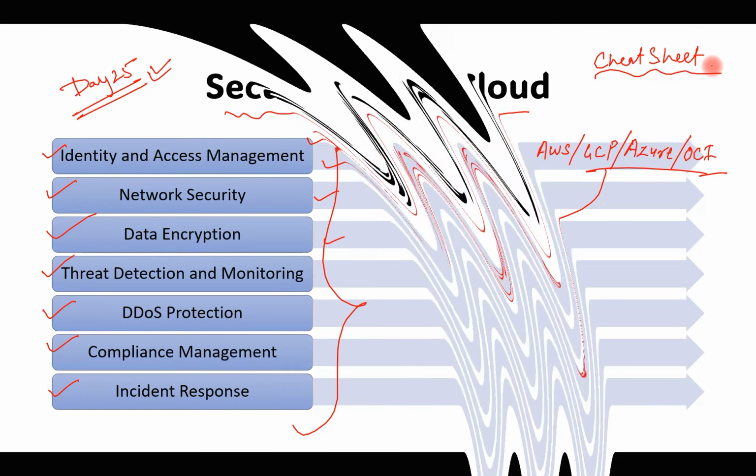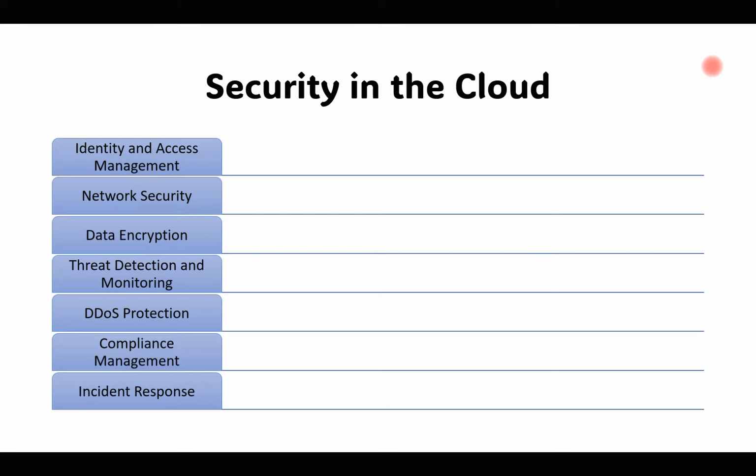First, let's talk about identity and access management. What exactly is it? Just to understand quickly, it manages user identity and their access permissions to the cloud resources. For example, we have user accounts, and it manages them in terms of IAM, identity and access management.